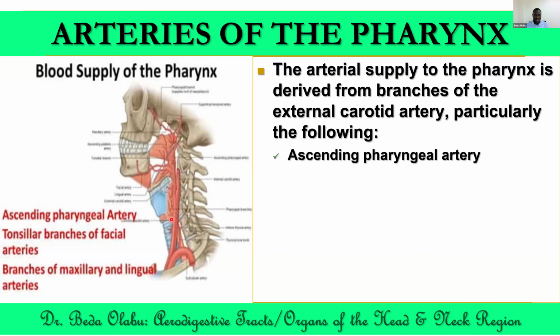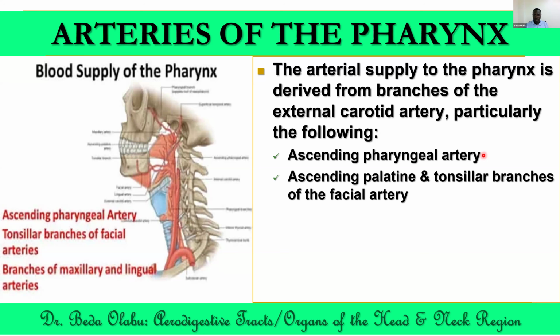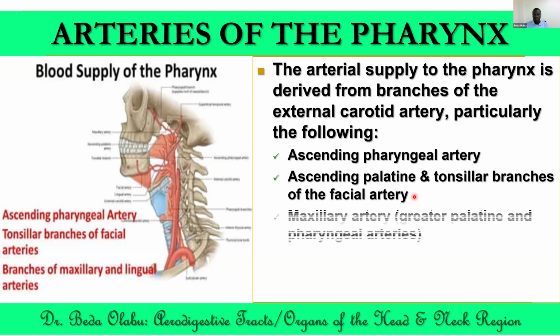We have the ascending pharyngeal artery, which is a branch of the external carotid, perhaps the first medial branch of the external carotid artery. We have the ascending palatine and tonsillar branches of the facial artery, the facial artery being one of the anterior branches of the external carotid artery.